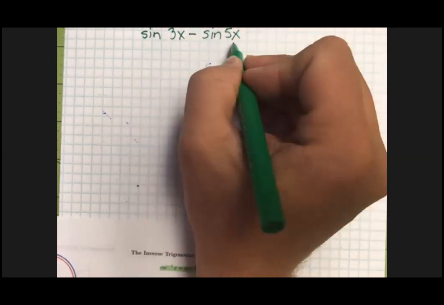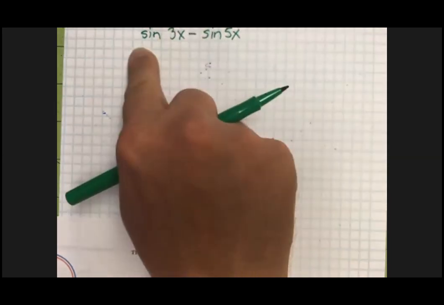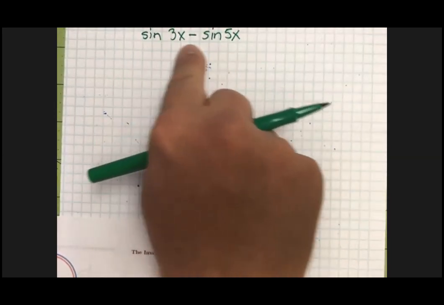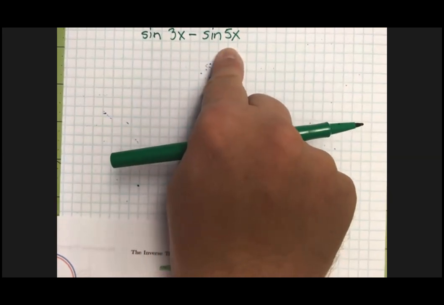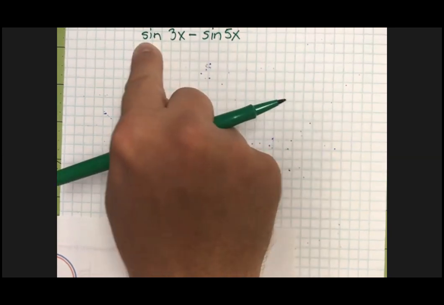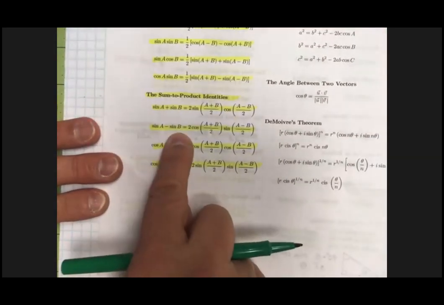Now I could type this in the calculator or Desmos, no problem. But I could also try to make sense out of this drawing by referring to the sum to product identities. I'm looking for sine minus sine.